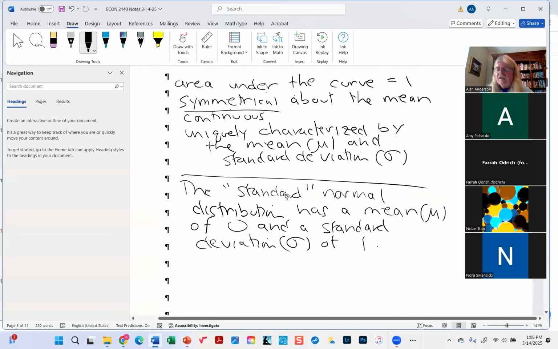We also introduced this very special case, the so-called standard normal, where we have a mean of 0 and a standard deviation of 1. Your calculator is set up to assume that that's the one you're interested in, unless you tell it differently. As we go along, you'll see that often those are already in the calculator because they figure most of the time that's the one you'll want to use.